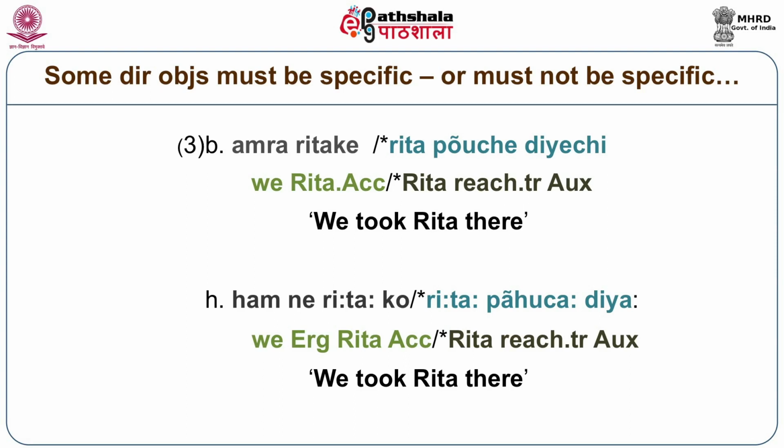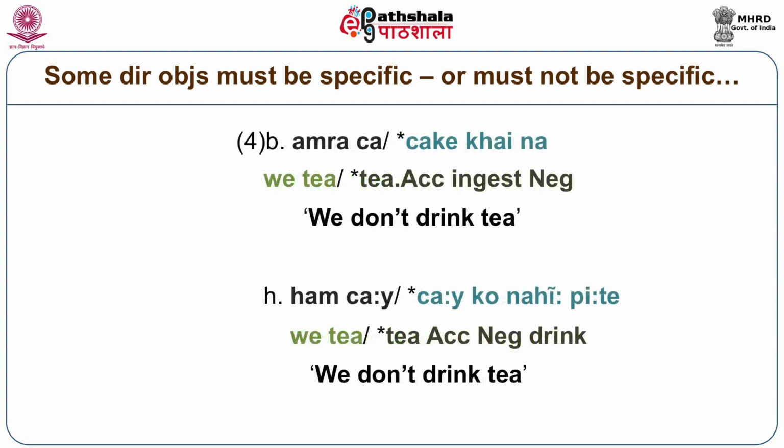We cannot say Amra Rita পৌঁছে দিয়েছি. When you turn to sentence 4, Bangla Amra cha khaina, we don't drink tea, which cannot take the form Amra cha ke khaina with the case marker ke. The Hindi for the phenomenon is Hum chai nahi peete. You cannot say Hum chai ko nahi peete.